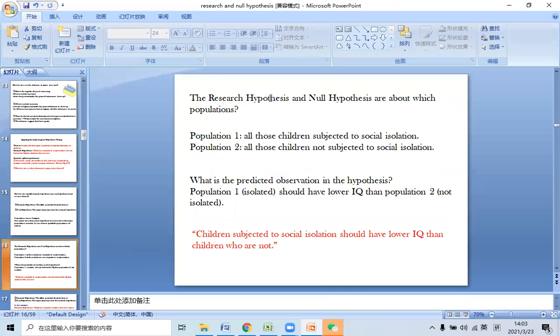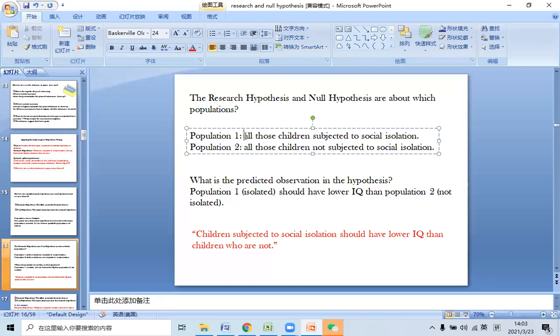In this case, your research hypothesis and null hypothesis are about two populations. Population one, all those children subject to social isolation. So your population would include all kids who are socially isolated.